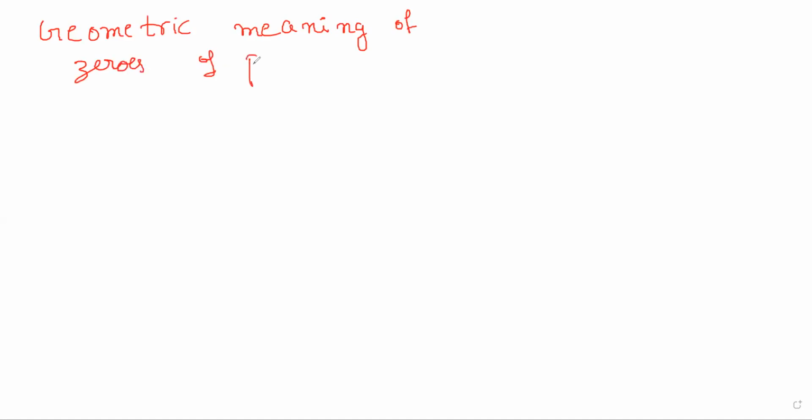Next one, geometric meaning of zeros of the polynomial.